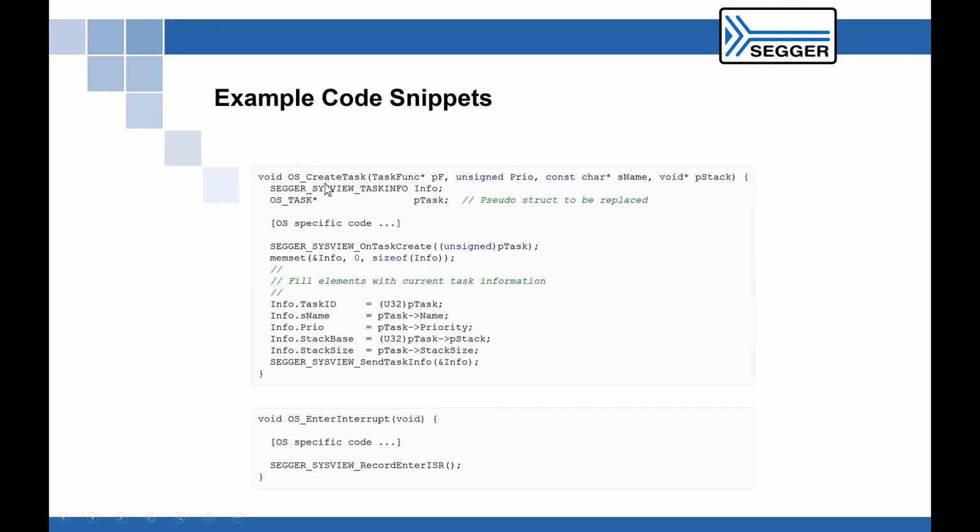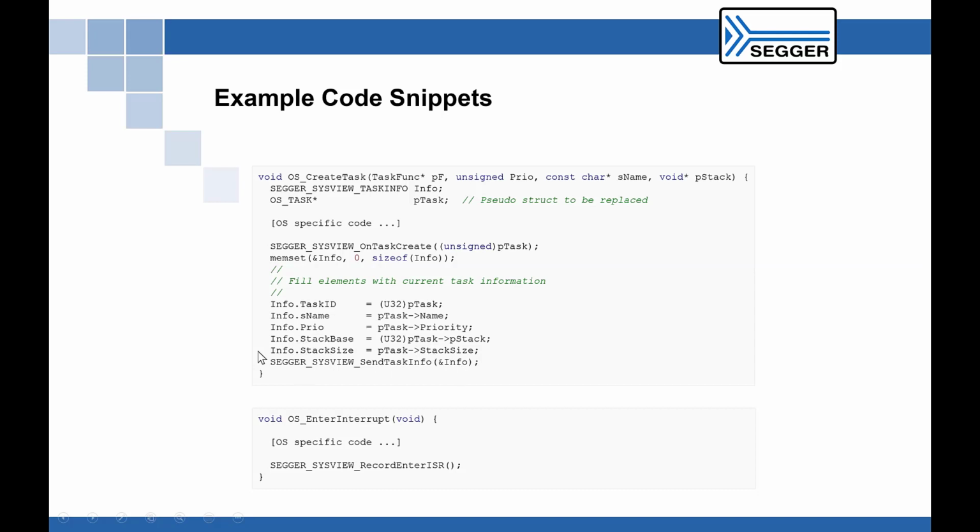In the embOS create task function, we essentially have to grab all the information from this task that is currently being created and put it into a struct that is used by SystemView. And we essentially just copy the information that the RTOS already has, and then we do the single line call of SEGGER SystemView send task info and give SystemView this information via the RTT buffer.